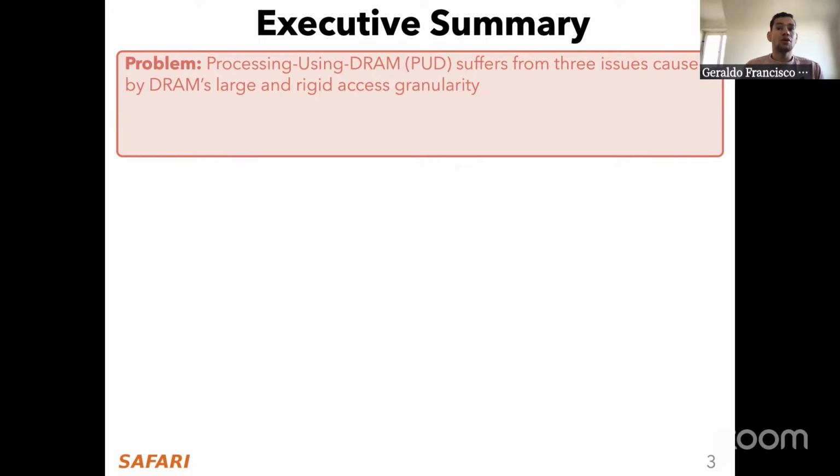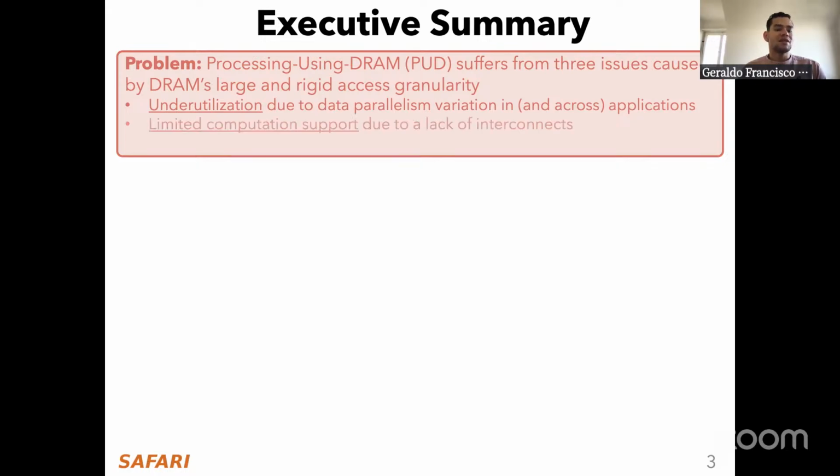So even though processing using DRAM can offer performance and energy improvement compared to processor-centric systems for data-intensive applications, they suffer from three issues. The first one is that they suffer from underutilization due to a mismatch in the data parallelism available within and across different applications.